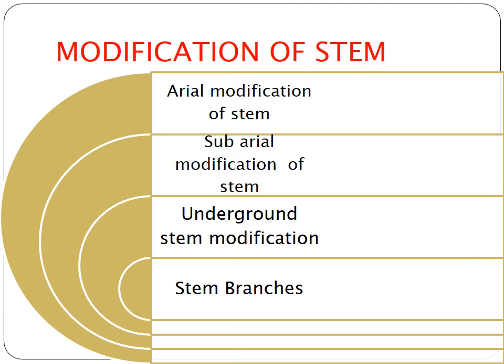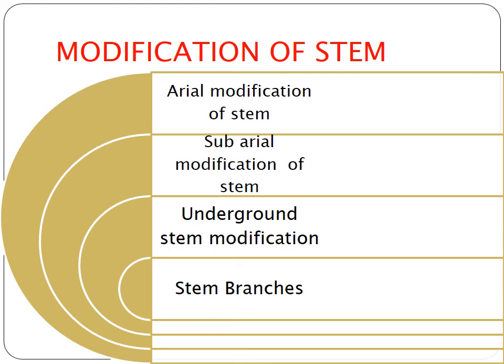Then stem branching. The stem branching pattern is determined by the relative activity of apical meristems. What is meant by apical meristem? We saw the root apical meristem, and these characteristics are also similar for apical meristems.